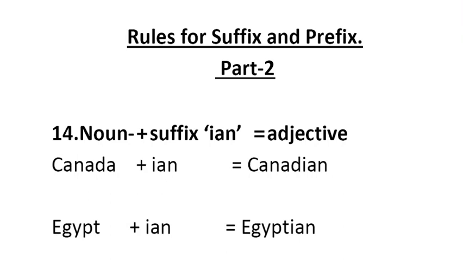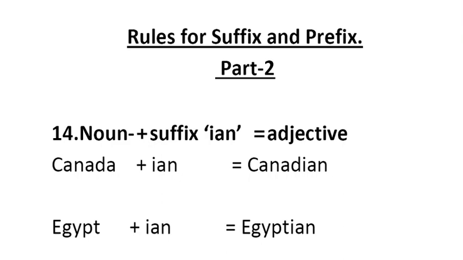So as we have finished up to rule 13, today we're gonna start rule 14. It says with noun we add suffix ian, then it becomes adjective.